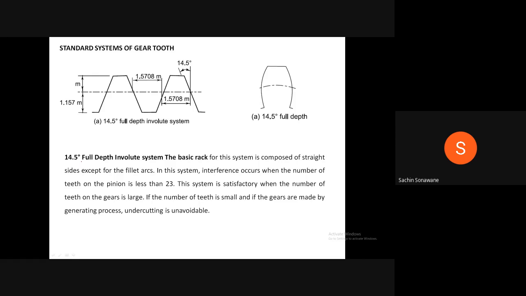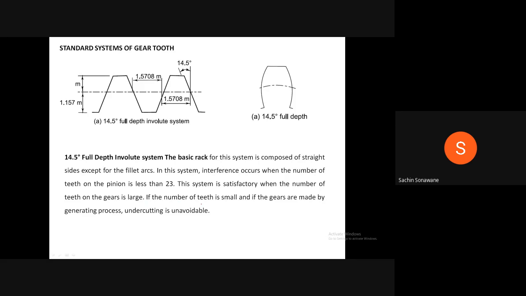Therefore, the 14.5 degree full depth involute system consists of a basic rack. This system is composed of straight sides except for the fillet arcs. In this system, interference occurs when the number of teeth on the pinion is less than 23. This system is satisfactory when the number of teeth on the gears is large.